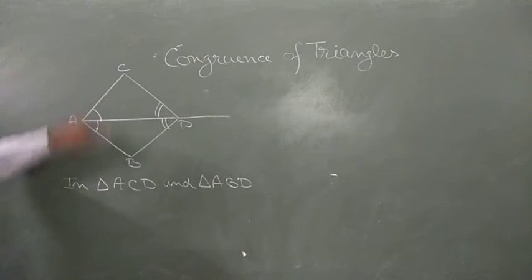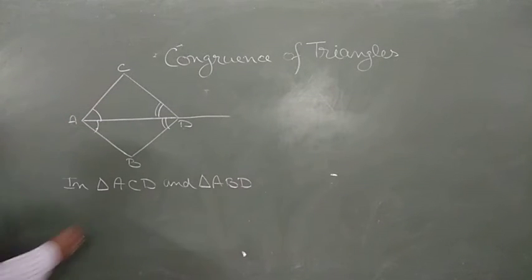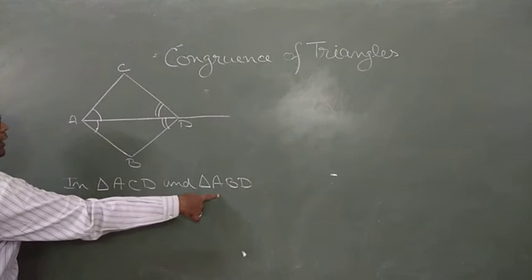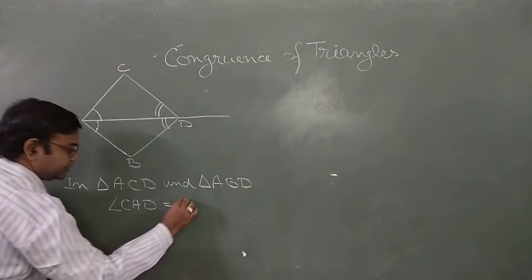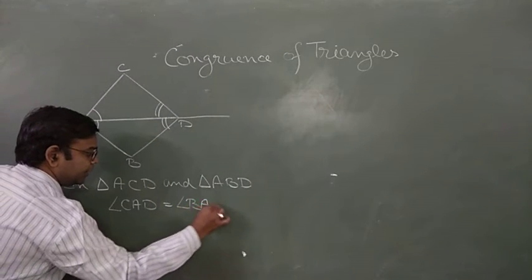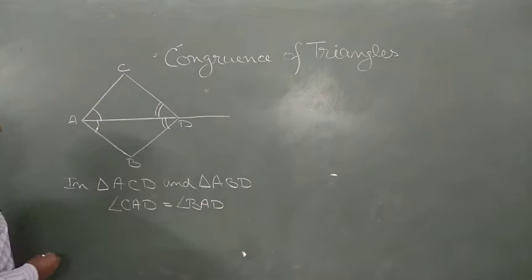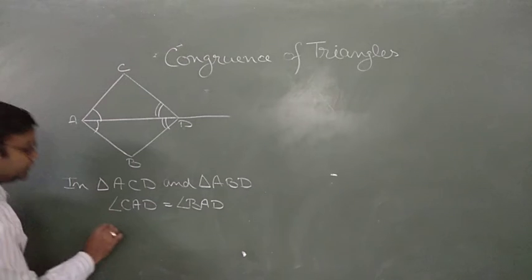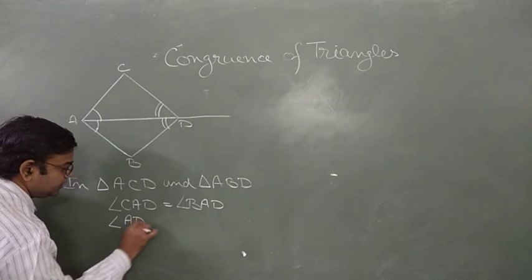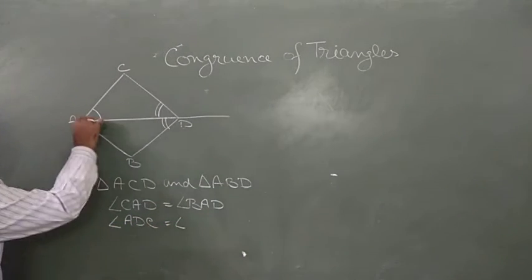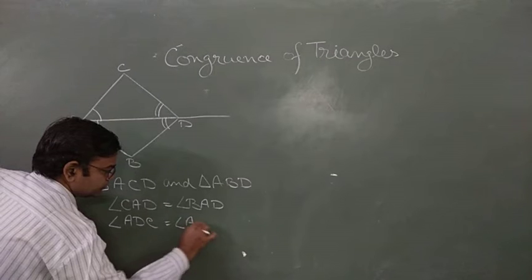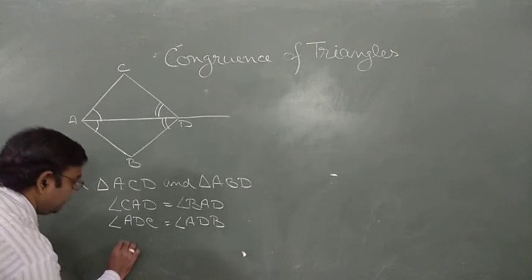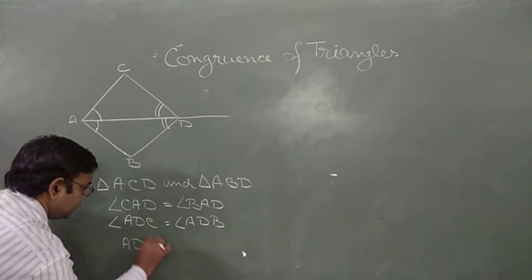So in triangle ACD, angle CAD equals which? In ABD, angle BAD is equal, it is given. Then again in triangle ACD, angle ADC equals angle ADB, and line AD is common.